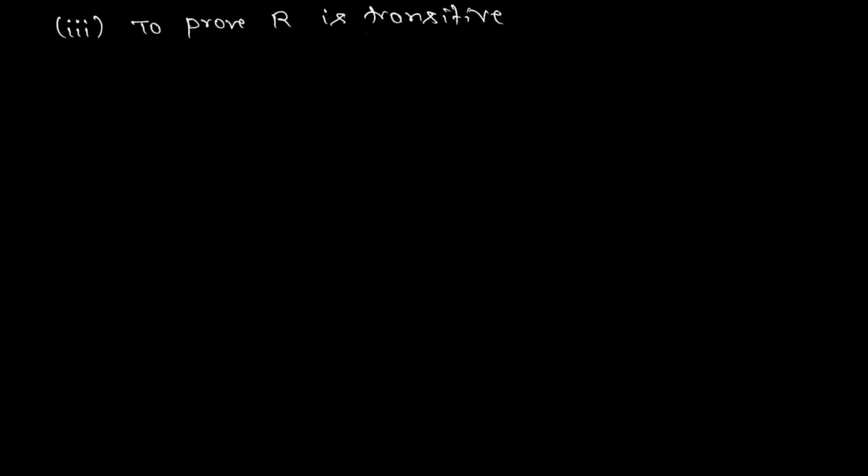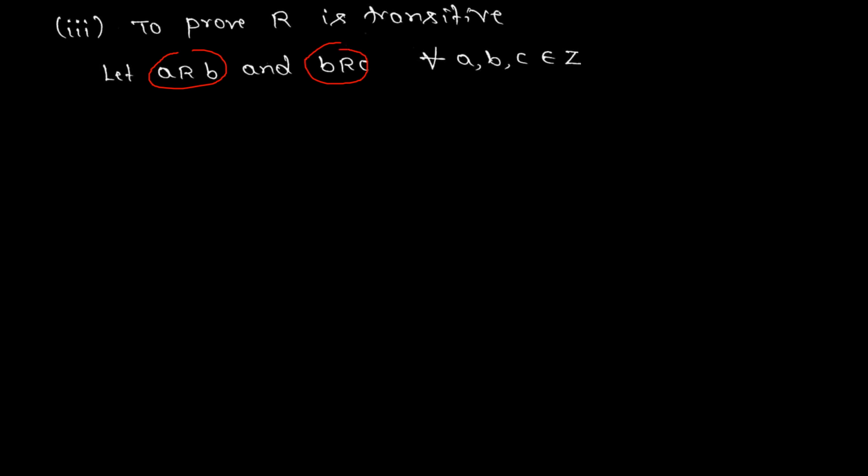Now to prove R is transitive, we consider a is related to b and b is related to c. Then we have to prove a is related to c, with the help of the given relation.